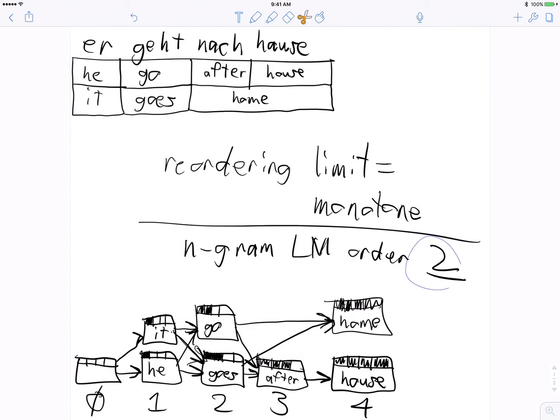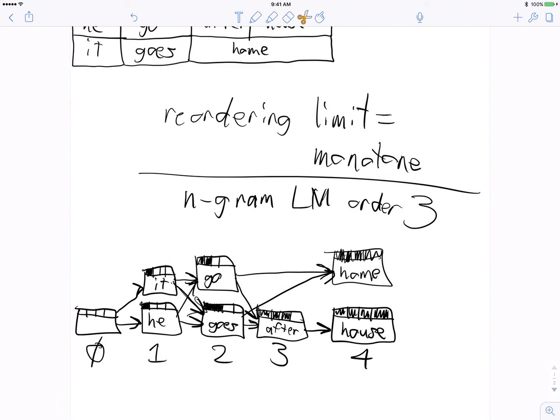Had the language model order been different, for example, had we done language model order 3 instead of 2, then several instances here of hypothesis recombination would not have been allowed. So, for example, we could not have done hypothesis recombination here with language model order 3 because the history at this point would be it go, which is not the same as he go. It go and he go are different.